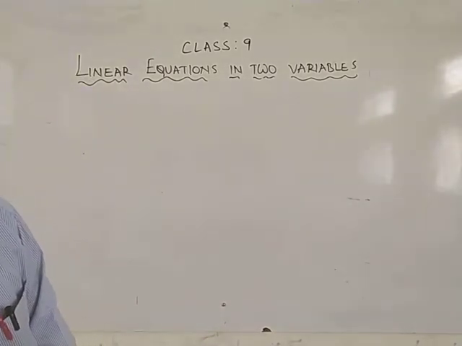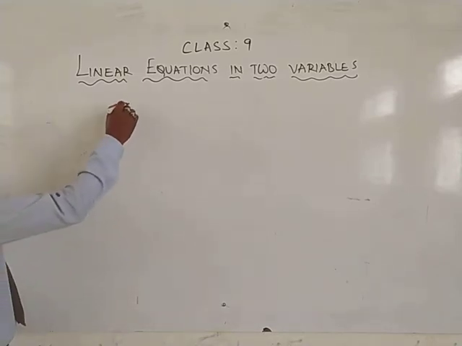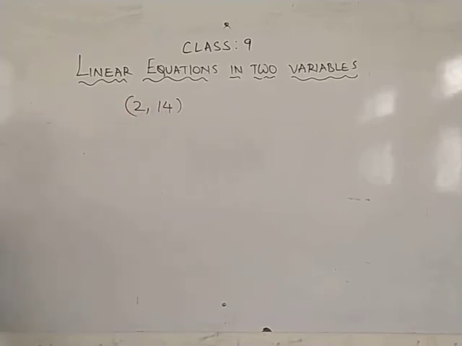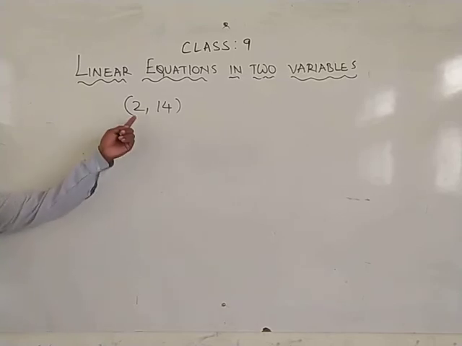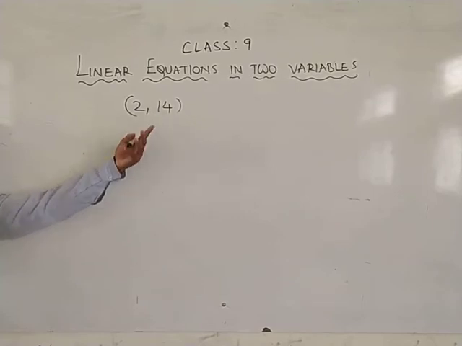Give the equations of two lines passing through 2 and 14. So very simple. What did you understand by seeing these 2 and 14? Anyone? If you substitute x value equal to 2, then you will get y equal to 14.